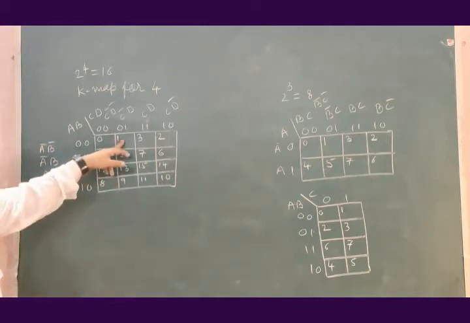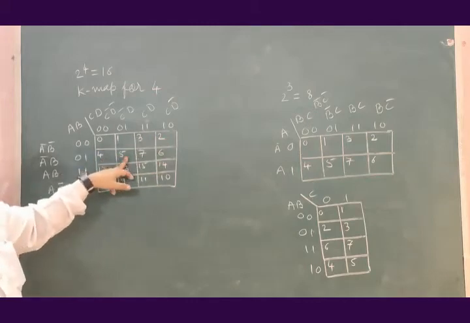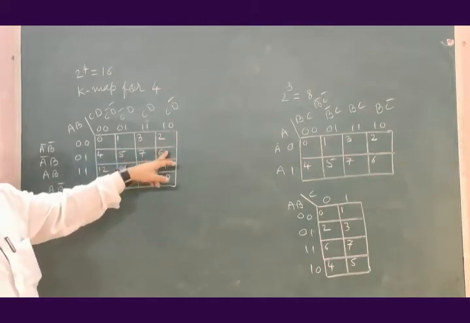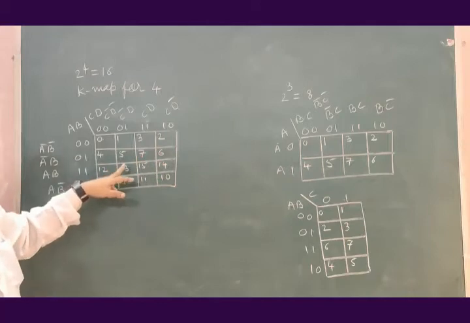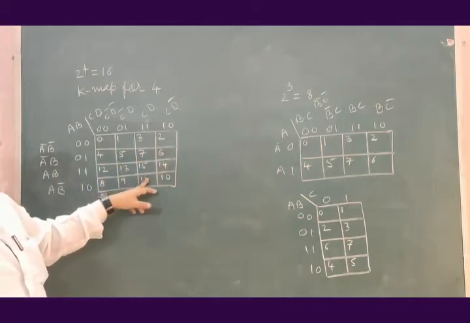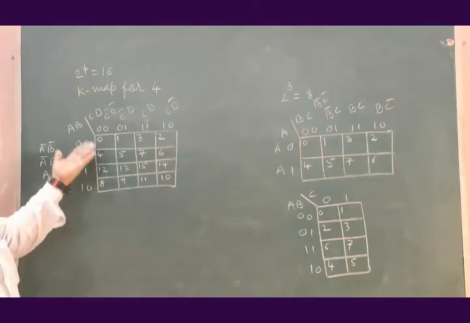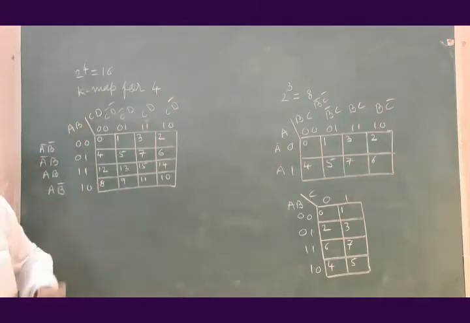Cell number 0, cell number 1, cell number 3, cell number 2, cell number 4, 5, 7, 6, 12, 13, 15, 14, 8, 9, 11, 10. These are the 16 cells of the K-map when there are 4 variables.